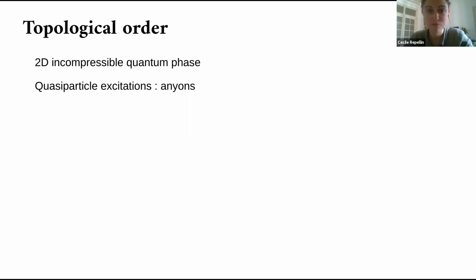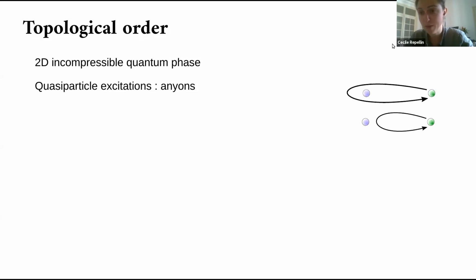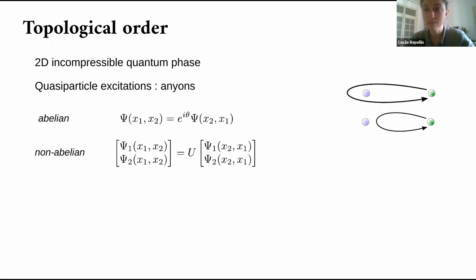So the physics of topological order. We're talking about two-dimensional incompressible quantum phases. They have a gap in the bulk, and those are phases whose charge excitations are anyons. They're neither bosons nor fermions, which is allowed by the fact that you are in 2D, so that those two ways of moving one particle close to another one are not equivalent. You have two main possibilities.